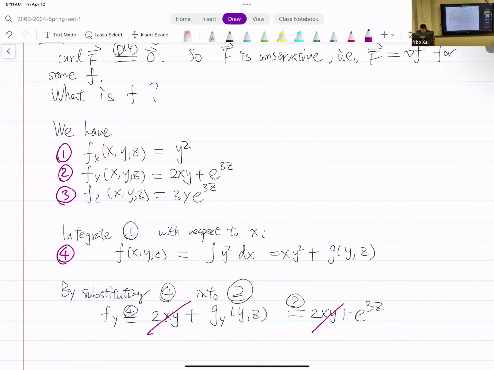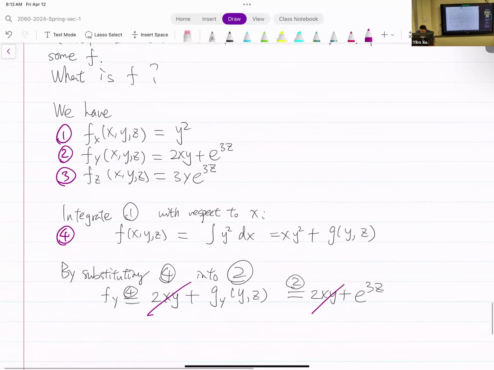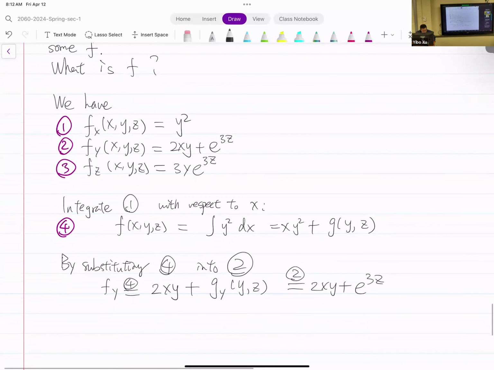Then it tells you that now I know something more about g. So g sub y is e to the 3z. Hence g sub y of y, z equals e to the 3z.